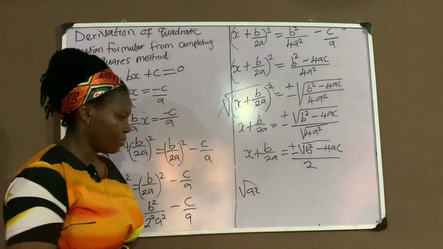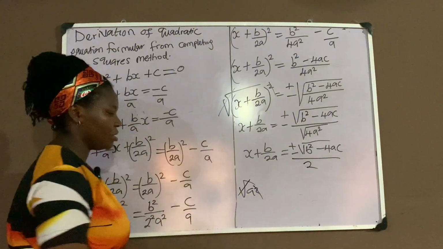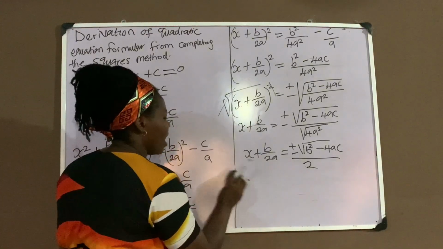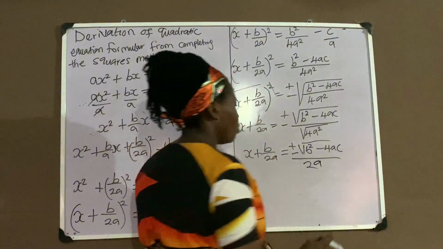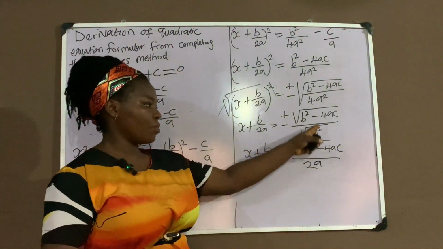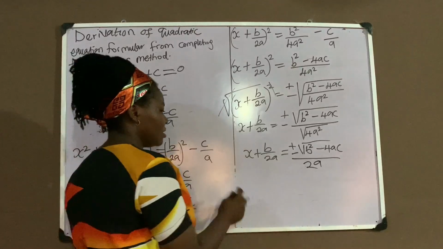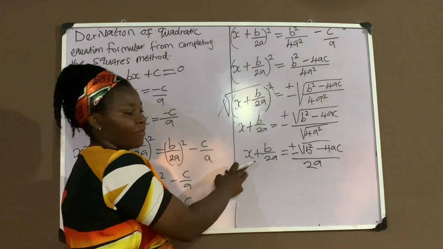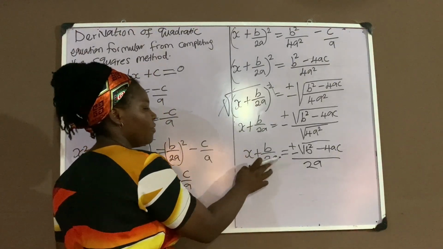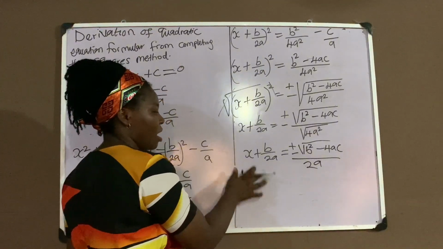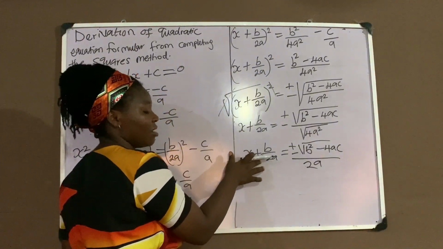So this is 2. Now, the square root of a squared. Look at it now. This square here, we cancel this. We are left with a. So the square root of 4a squared is giving us what? 2a. So what do we do next? We make x the subject of the formula by trying to move this one to this right hand side. And once this one tries to move, the sign will do what?